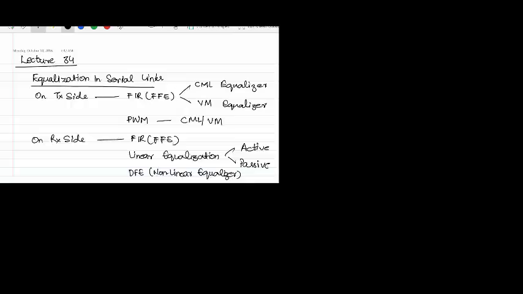I can just use the notation which we were using before, which is also H. So H equalizer of S is ideally equal to 1 over H channel of S, right?